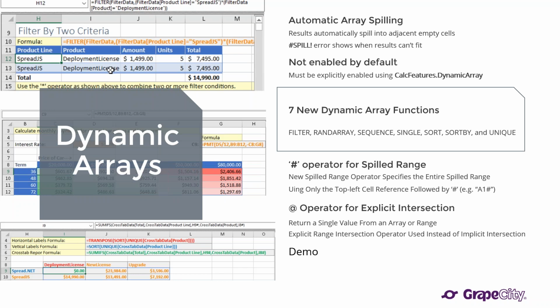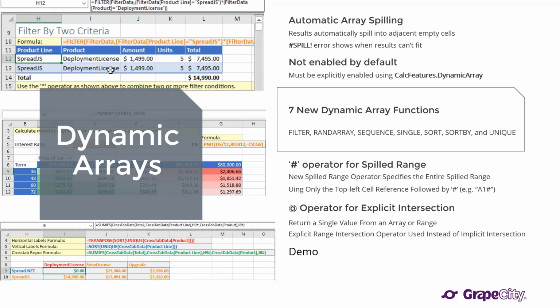When this feature is enabled, there are 7 new calculation functions supported for dynamic arrays: FILTER, RANDARRAY, SEQUENCE, SINGLE, SORT, SORTBY, and UNIQUE. The new spilled range operator, which looks like the hash or number sign, can be used to specify the entire spilled range in a formula using just the top left cell.